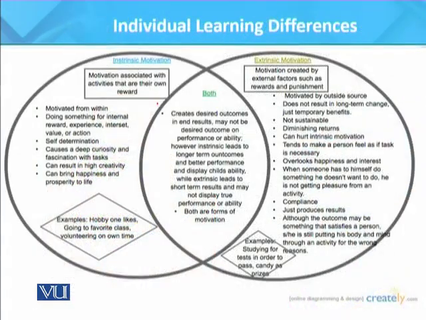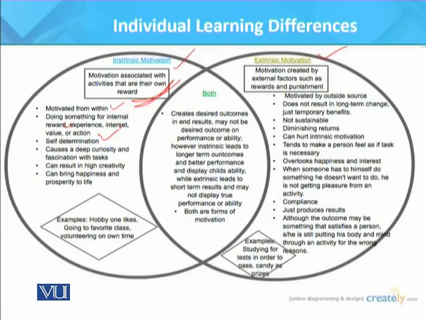This takes us to the understanding of intrinsic motivation and extrinsic motivation. Intrinsic motivation is associated with activities that are their own reward. This is internal motivation from within, doing something for internal reward, experience, interest, value or action. It's self-determination.